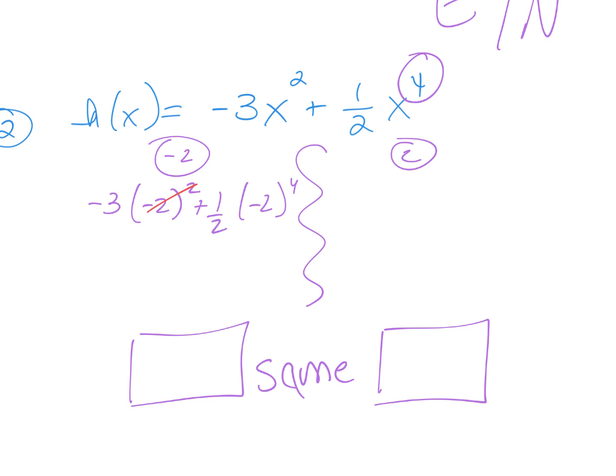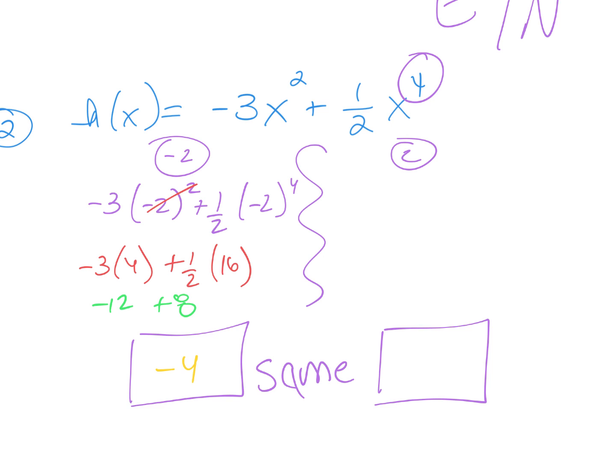Negative 2 squared is 4, so you have negative 3 times 4 plus 1/2 times, what's negative 2 to the 4th power? 2 times 2 is 4, times 2 is 8, times 2 is 16. All right, so negative 3 times 4 is negative 12. 16 times 1/2 is plus 8. So negative 12 plus 8 is what number? Negative 4. Good.